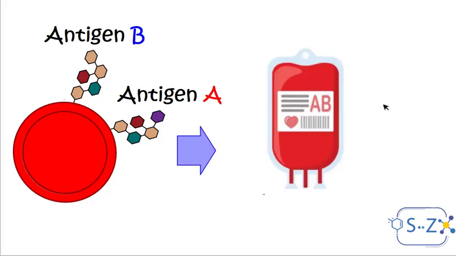Of course, it is AB. He has both A and B, so his blood type is AB.